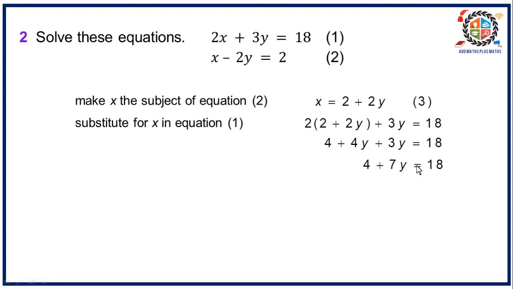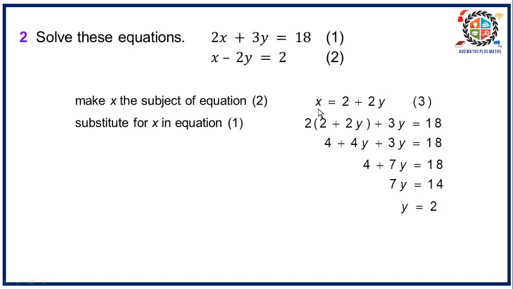If you want to solve for y, just take away this 4, by subtracting 4 from both sides. You'll have 7y is equal to 14, and y now is equal to 2 by dividing both sides by 7. Now you know that x is equal to 2 plus 2y and y is equal to 2.